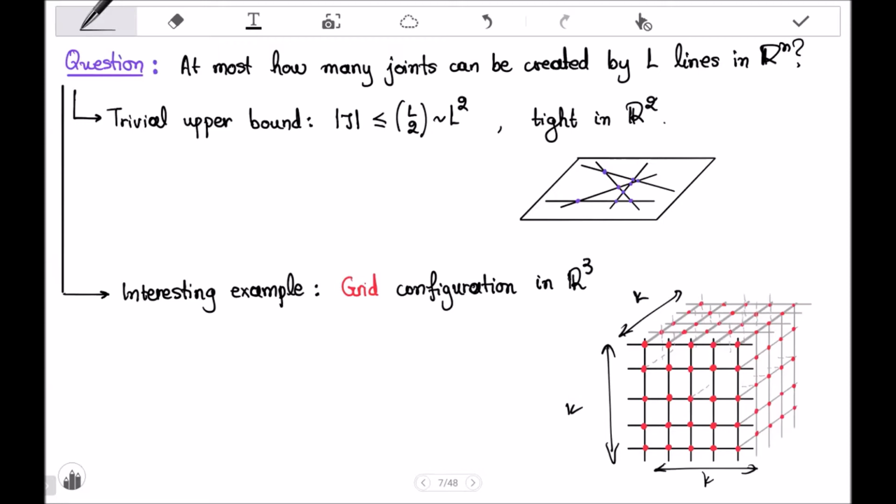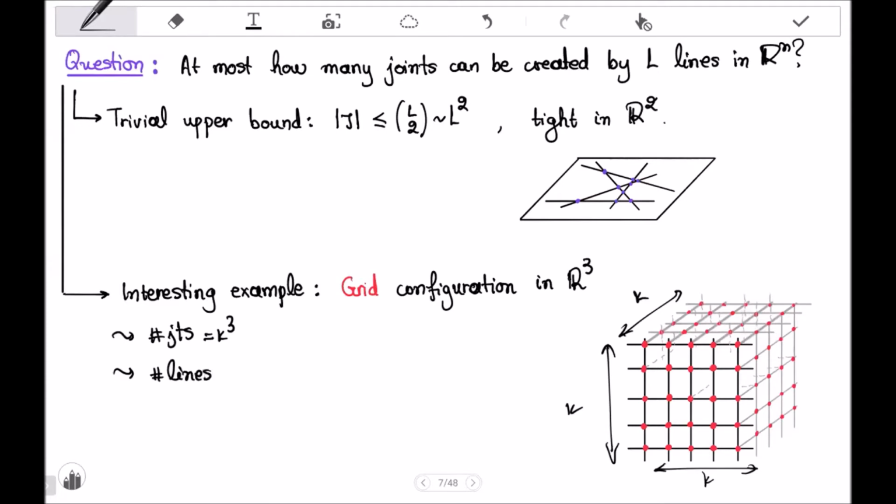So the lines that form these joints are those in the x, y, and z directions. And let's see how many joints we have. It's the number of lattice points, which is k to the 3. And how many lines do we have?